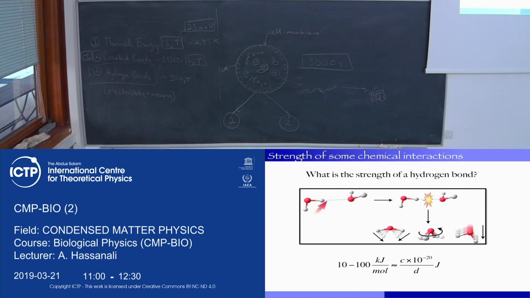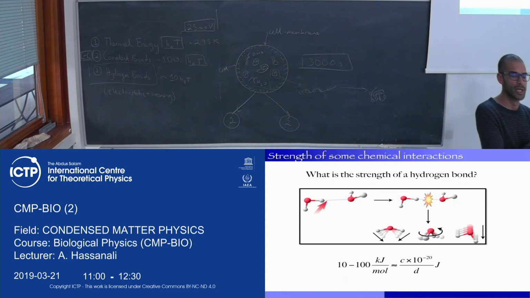Okay, so now let's come back to the covalent bond. So we just had a discussion that the covalent bond involves electrons being shared in some confined region, essentially. So if I wanted to know what would be the simplest physical model that would allow me to understand what energy is required to confine an electron to a specific region.